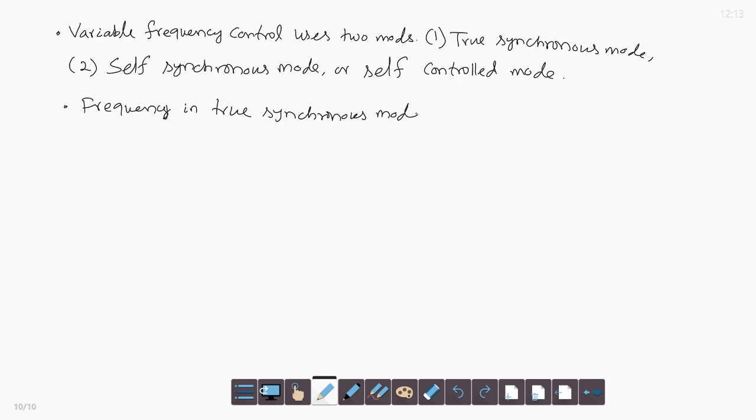Frequency in true synchronous mode is controlled from an independent oscillator.